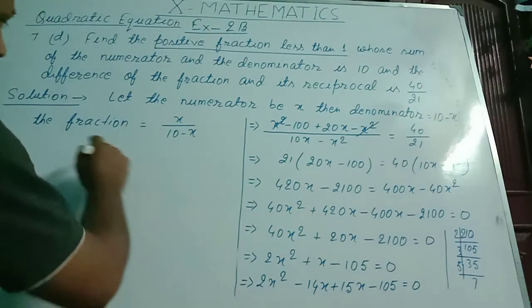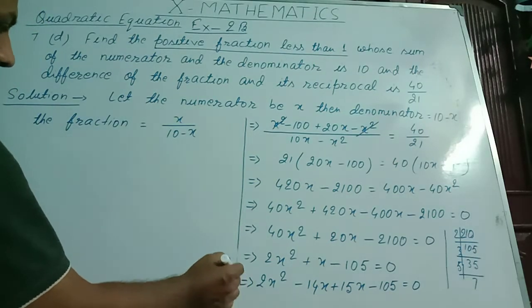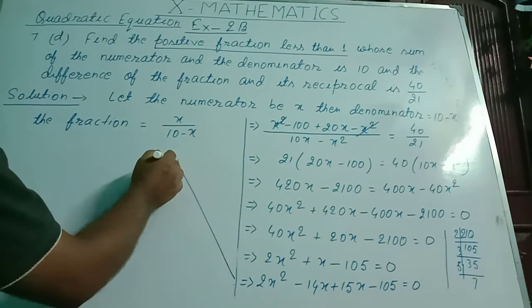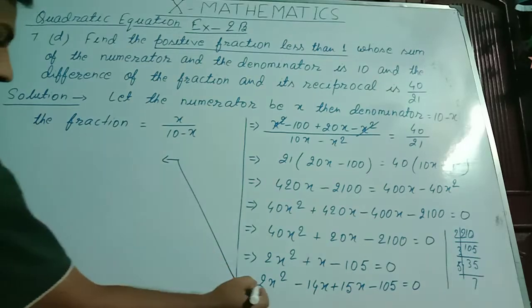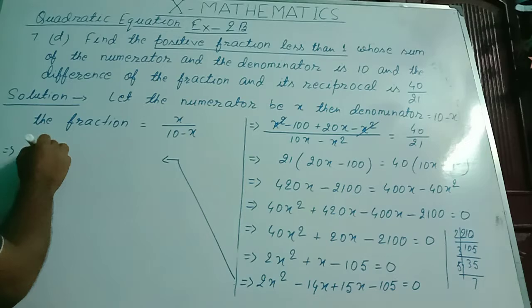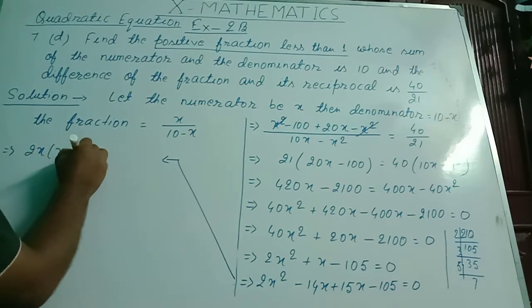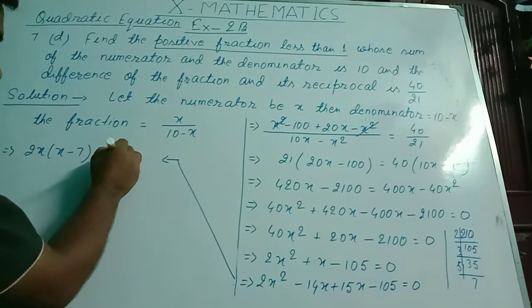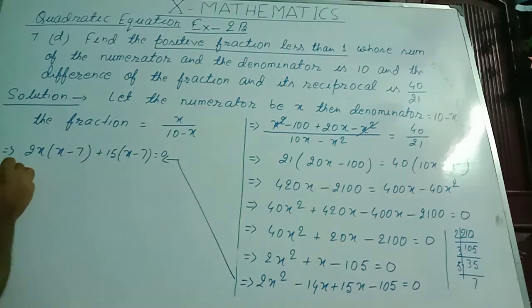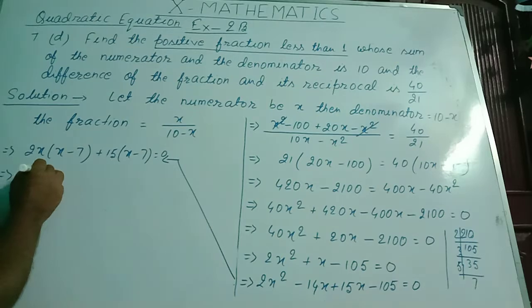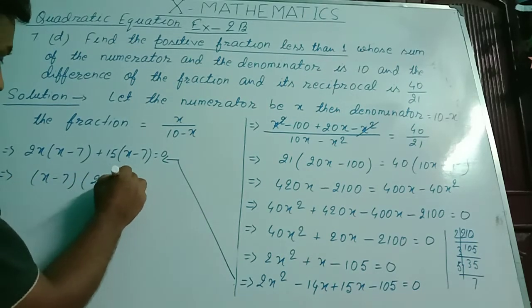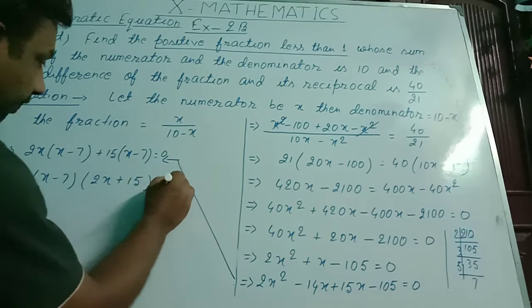This is continued here. We will take common from the first two terms, that is 2x, x minus 7, plus 15 common, x minus 7 equal to 0. Our common factor is x minus 7 and the other factor is 2x plus 15 equal to 0.